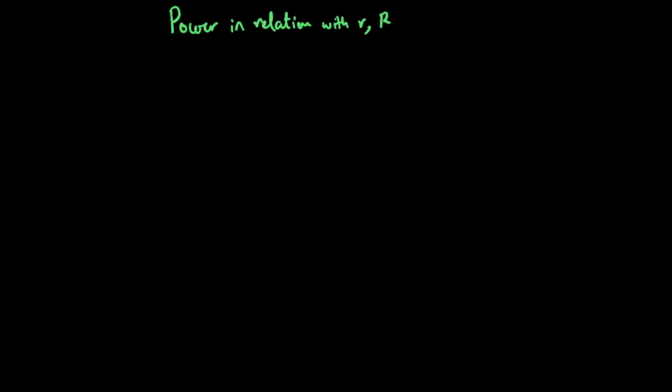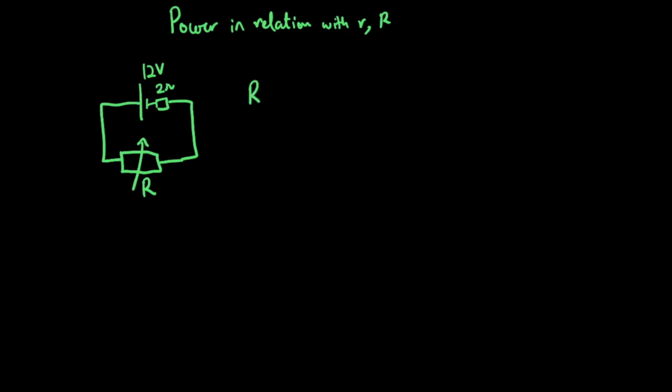For that, let's do a very quick example where I have a 12 volt cell which has a 2 ohm internal resistance, and an external resistor which is variable, so I can change the values. Let's say the value is capital R, and capital R will change from 1 to 2 to 3 to 4, and we're going to measure a couple of things.